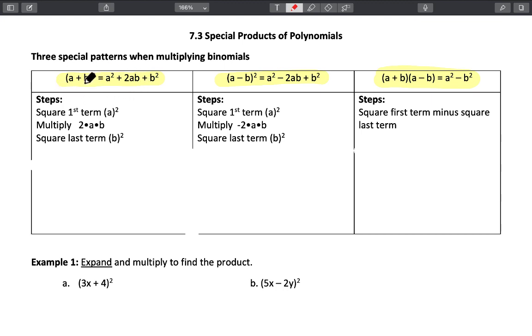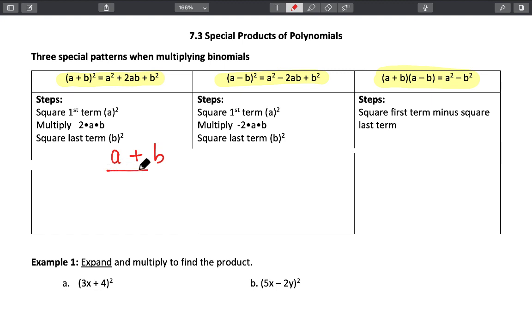When we expand and multiply this, the pattern that results is the first term squared, a squared, plus 2 times the product of a and b, plus the last term, b squared. Here's the reason why, and we'll demonstrate this using the box method.